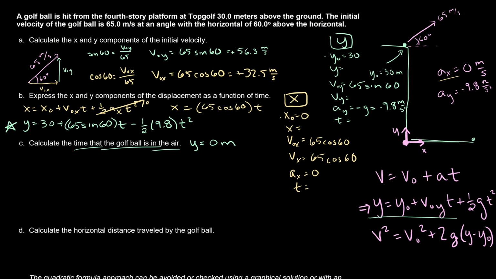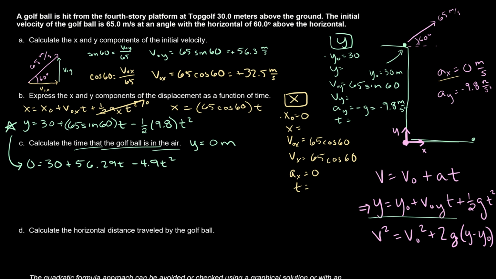So let's go ahead and plug in for y. So we're using this equation here. I'm going to plug in for y. 0 equals 30 plus 65 sine of 60. I'm going to keep an additional sig fig. Was that 56.29 t minus 4.9 t squared.